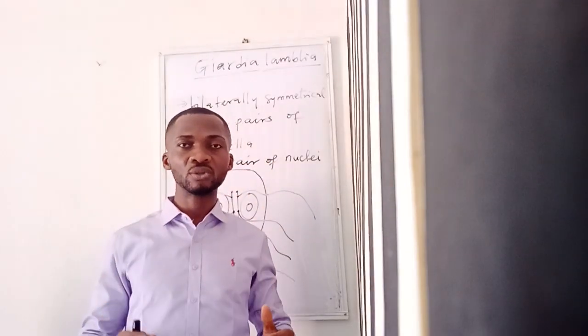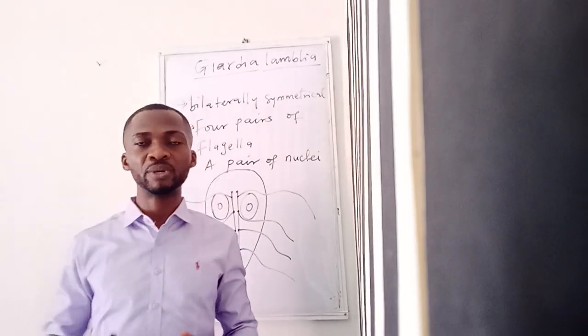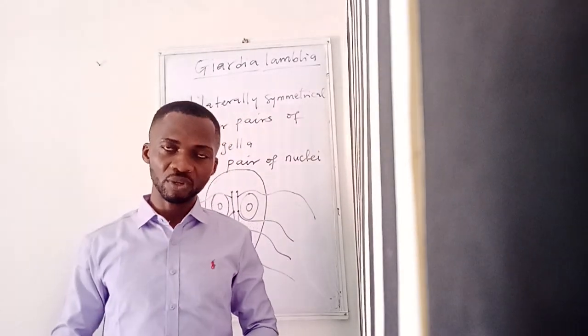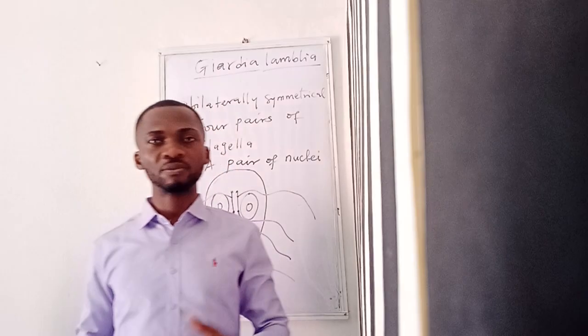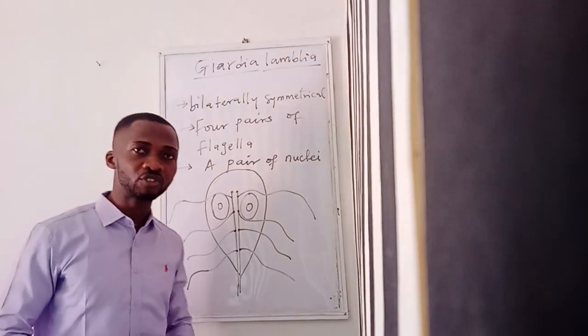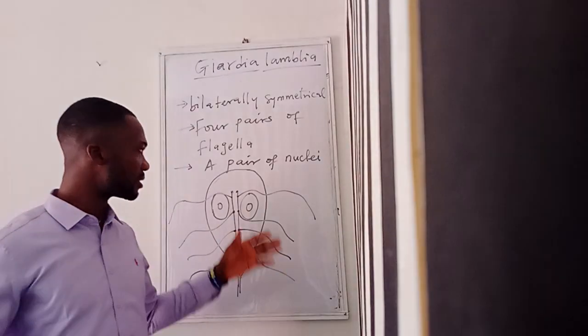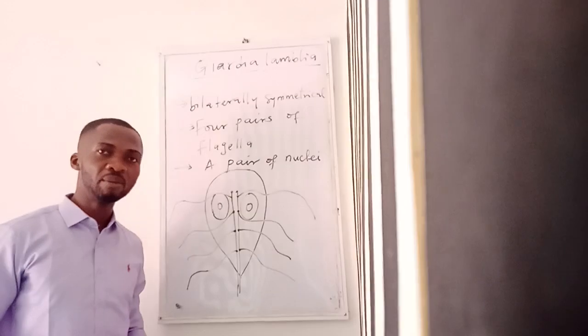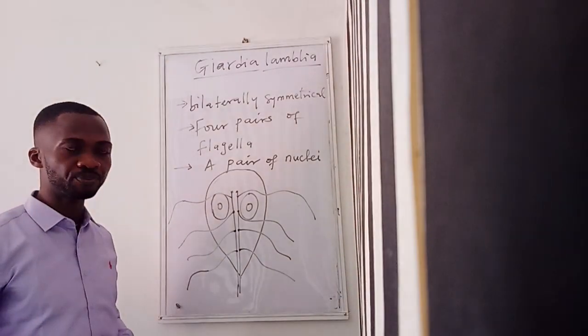Now, they are given a name based on where they dwell within the body of the host. So, for the case of Giardia lamblia, the basic characteristic is that they are bilaterally symmetrical. That means that this parasite can be divided into two equal parts. That is what we mean by being bilaterally symmetrical.